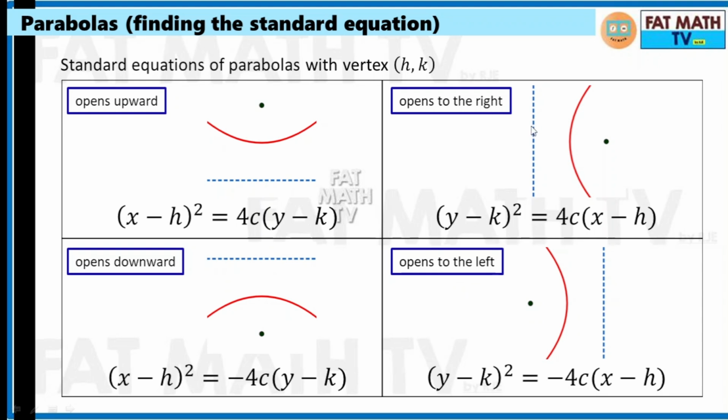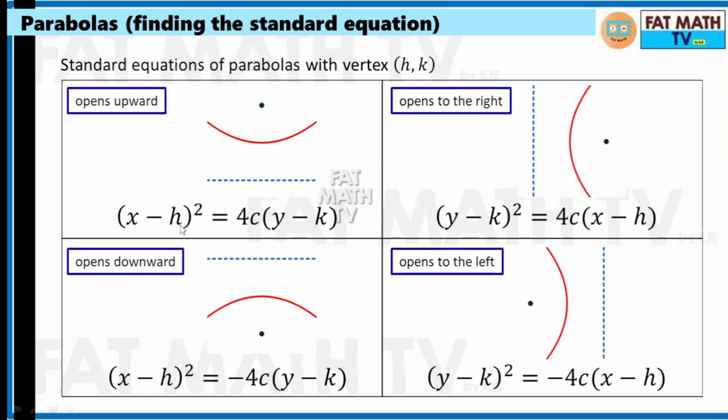If the parabola opens to the right, y is being squared. This is (y minus k) squared equals 4c times (x minus h). And then if the parabola opens to the left, its standard equation is (y minus k) squared equals negative 4c times (x minus h), where c here is the distance from the vertex to the focus.